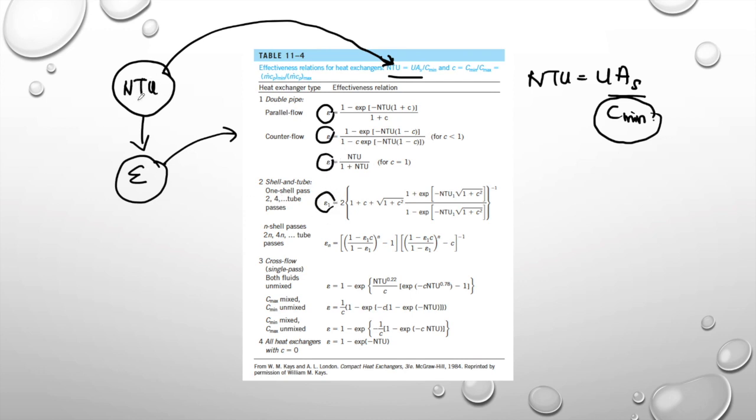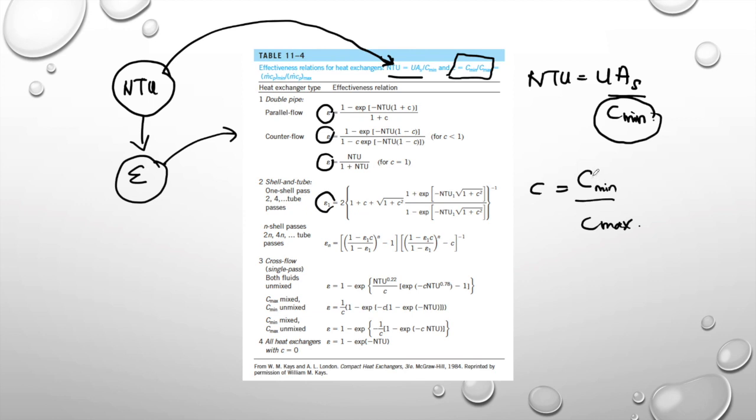You have to know the value of NTU in order for you to use this equation, the equation in this table. Now, another thing that you must know about when you refer to this table is C, small case C. Okay, this C is equal to C minimum over C maximum.